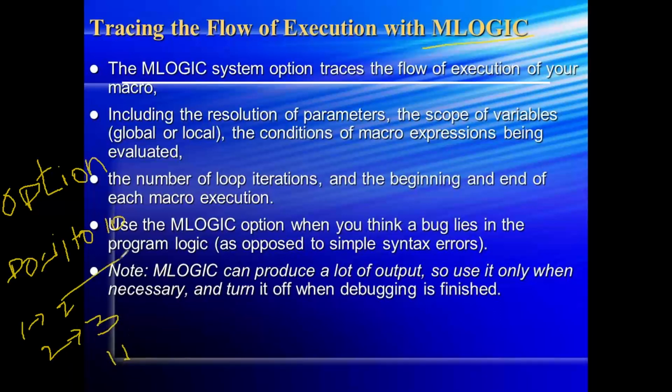So this kind of additional log will be displayed to show whether your code executed right or wrong. This option will create a lot of output, so generally it is not recommended, but if it is required, you can make use of it. So mlogic is one of the system options, which will check the flow of execution of a macro.